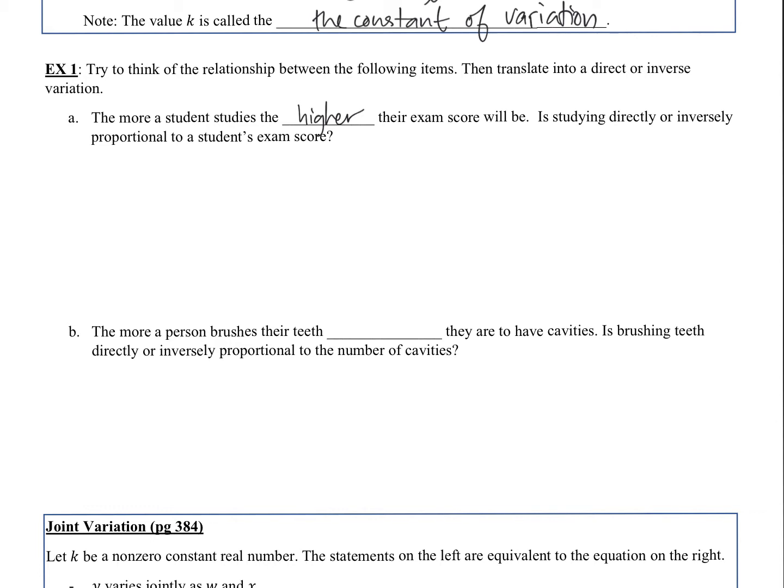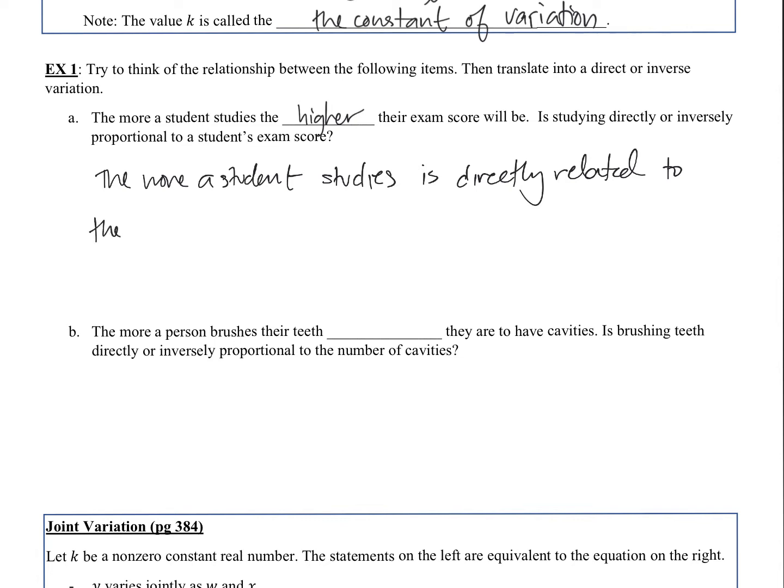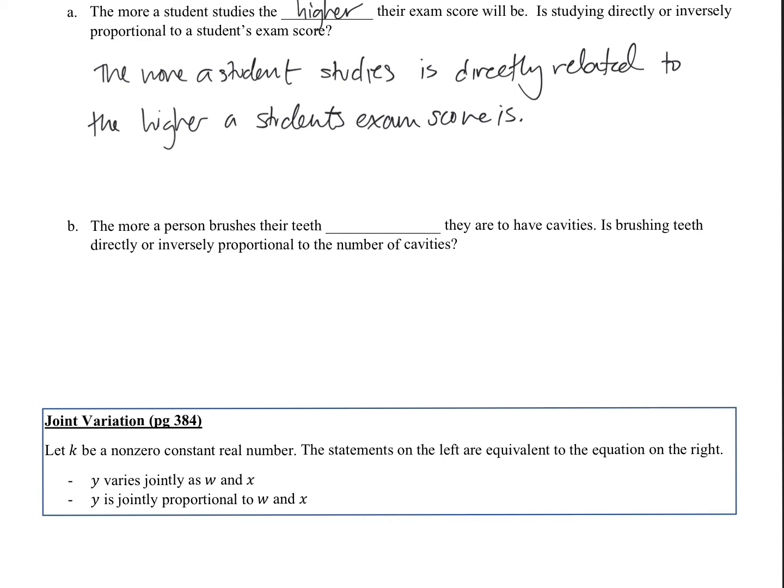So here we go: the more a student studies is directly related to the higher a student's exam score is. This is a very simple basic one. There are obviously lots of other variables in why a student might get a high exam score, but it's a basic example.